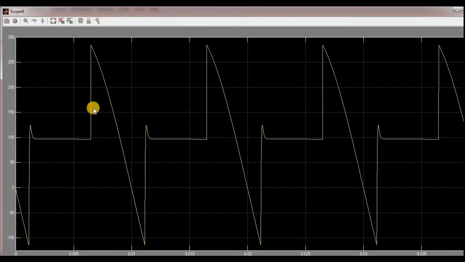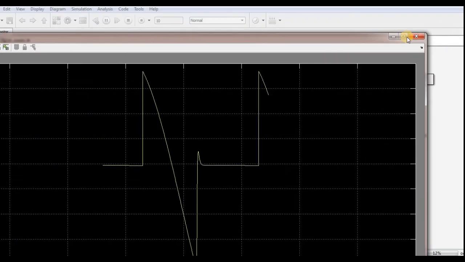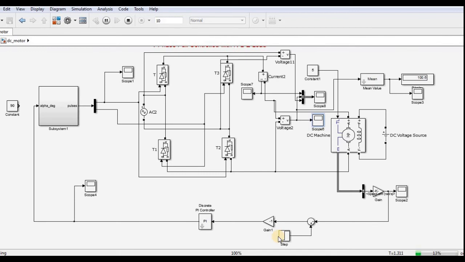This is my voltage. It will also depend on my required speed. So 3 seconds is sufficient, or 2 seconds also will be sufficient. See, after 1.5 seconds, automatically my speed has to reach 1000 RPM.